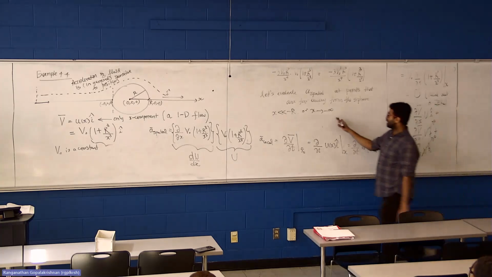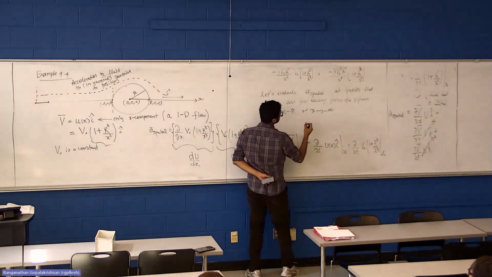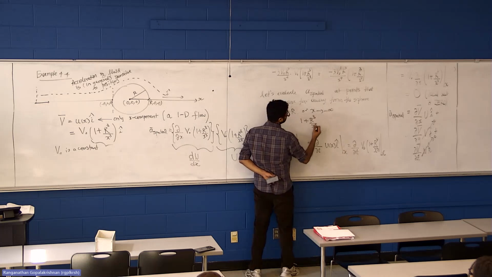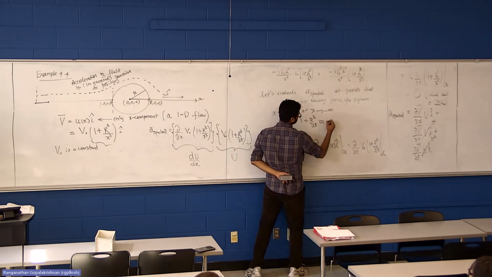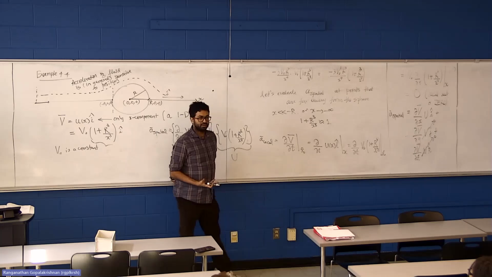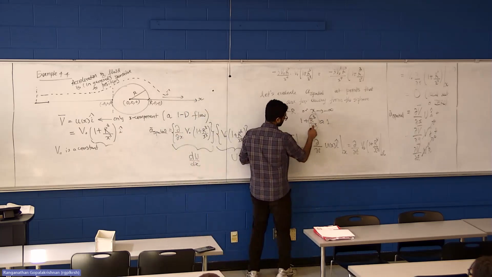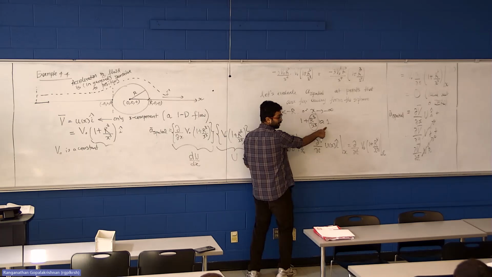So when x is very large, 1 plus r cube over x cube is almost the same as 1. Would you agree with me? This is a small number, so it's almost equal to 1.